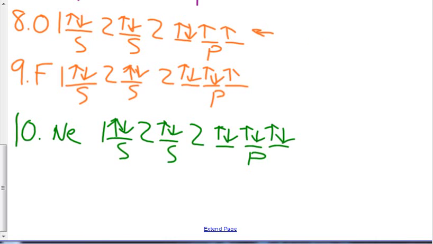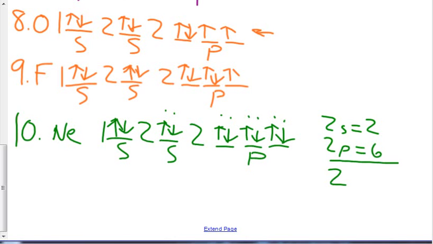And it turns out neon is now filled up all of the p block. So we have 1, 2, 3, 4, 5, 6 electrons in 2p. We have 2 electrons in 2s. So 2s has 2 electrons. 2p has 6 electrons for a total in shell 2 of 8 electrons. And we have a filled outer shell, which is why neon doesn't react with anything. It has no spots to bond at.